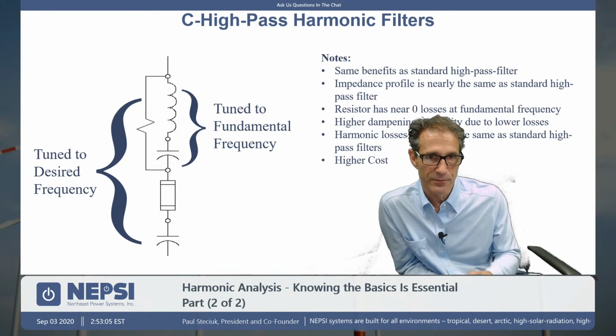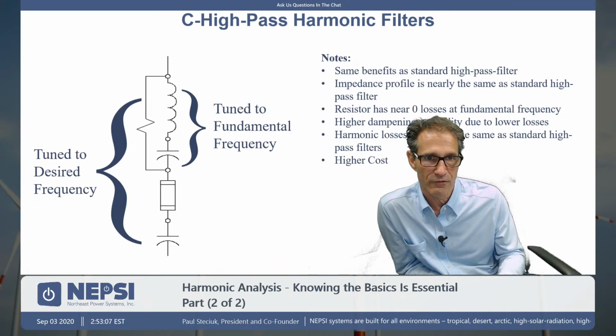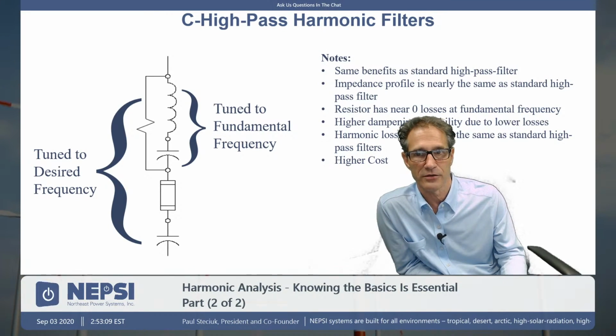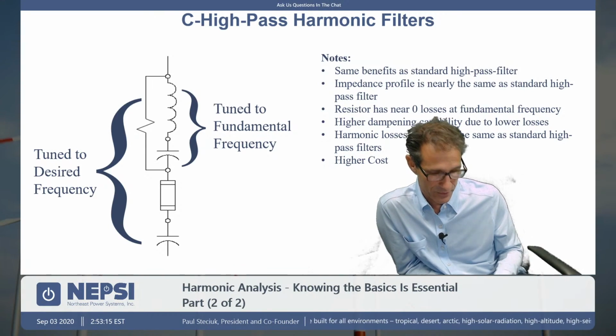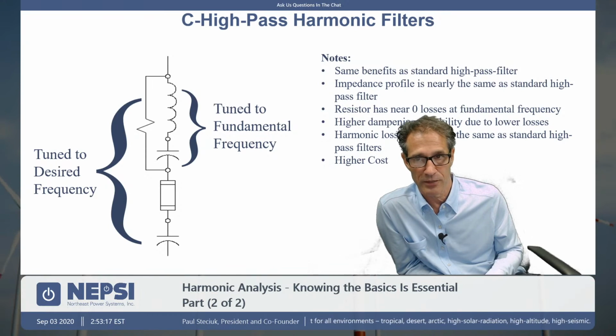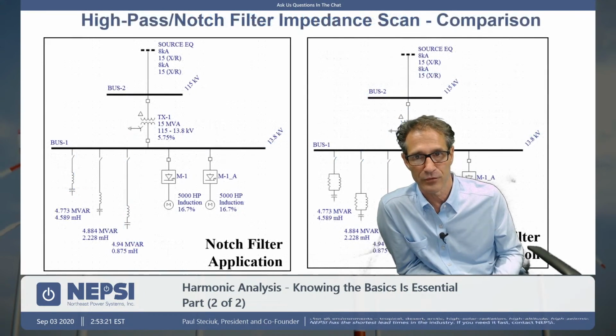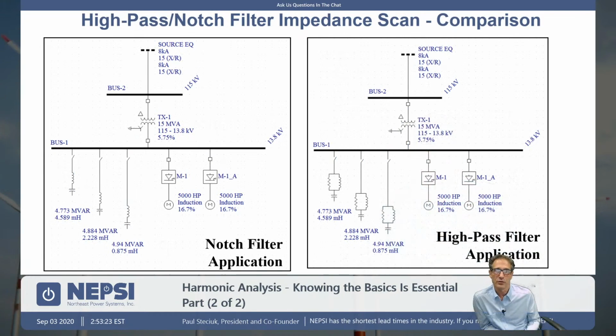Typically, second, third, fourth, fifth harmonics is where we would see the application of these types of filters, and it really is a great type of filter to use when you have to use it. So we recommend it.